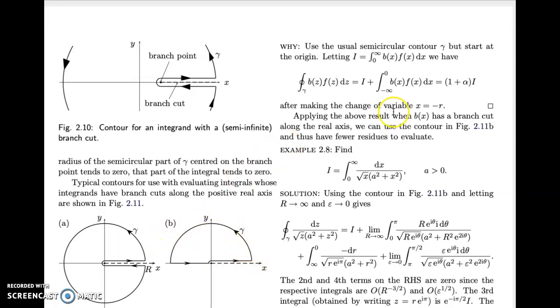Again, this is a very quick way of doing things. The important thing is this integral along here, so we'll look at that more carefully.